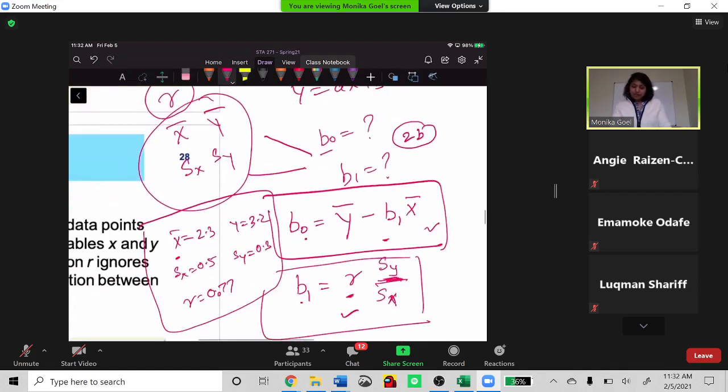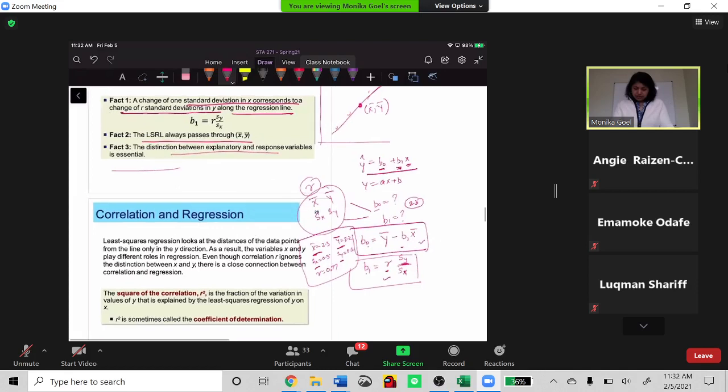Again, if it is given straightforward, you can plug it in. If it's not given, we know how to calculate the mean of x. We know how to calculate the mean of y and the standard deviation. That's why I'm saying make sure you start using a calculator or technology. Again, technology is good. Use any software, Excel or anything. But again, for the exam, you will only get to use a calculator. So make sure you know how to use that.